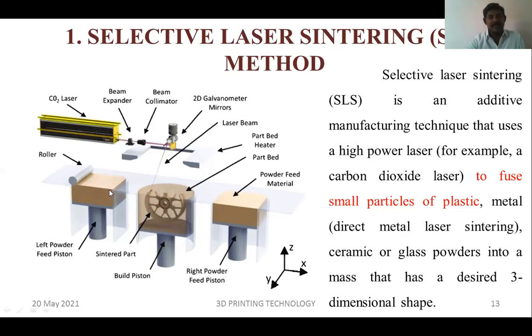The function of the roller is that the roller will move from left hand side to right hand side through the second piston pot. So here the powder will convert into a solid part through this CO2 laser heating methodology. So layer by layer, we can easily complete the entire process. Otherwise it is called a powder methodology.